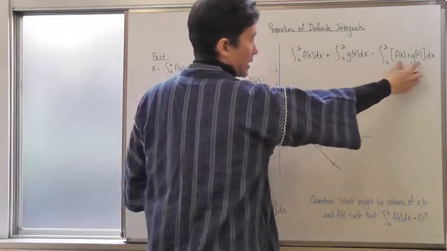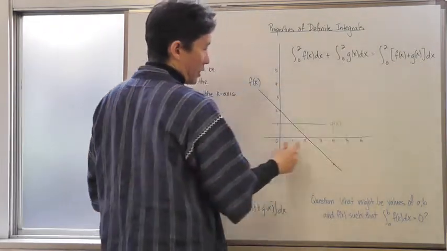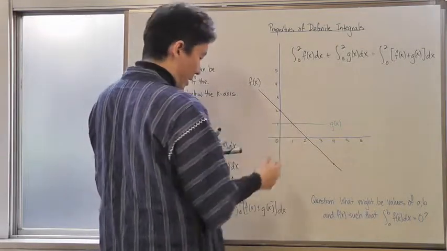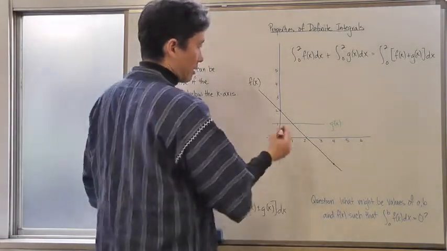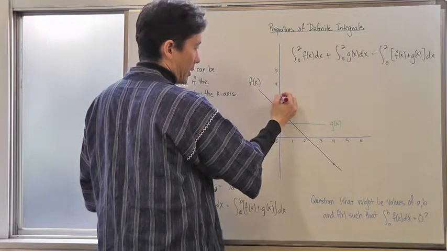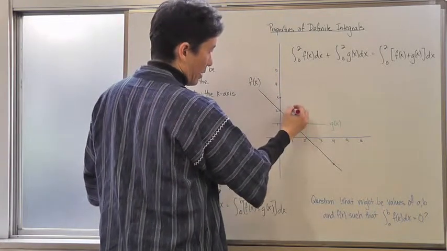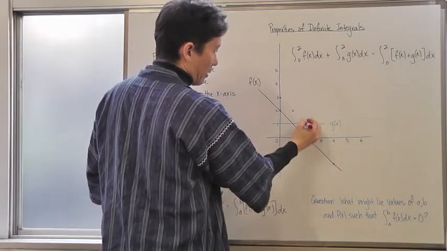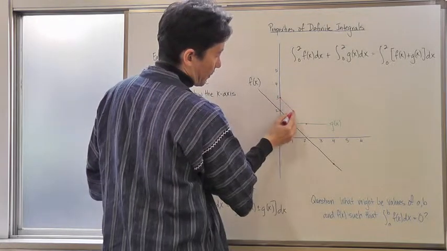Now what this is saying is that I actually have to add f of x and g of x together. So if I add f of x and g of x together, this is what I come up with as a function. It's here, and then it's going to be here, and then it's going to be here. So it looks like this.